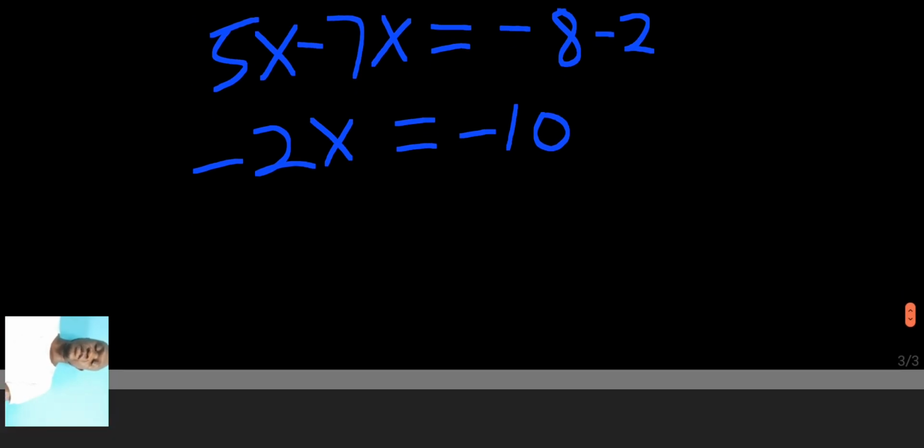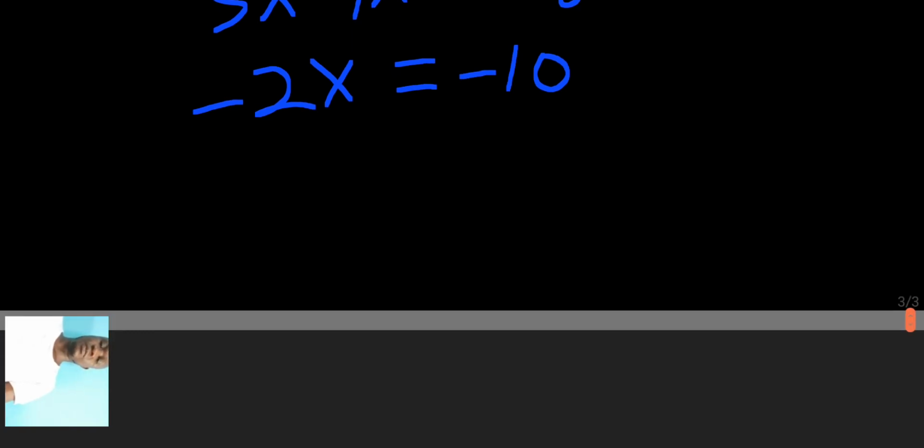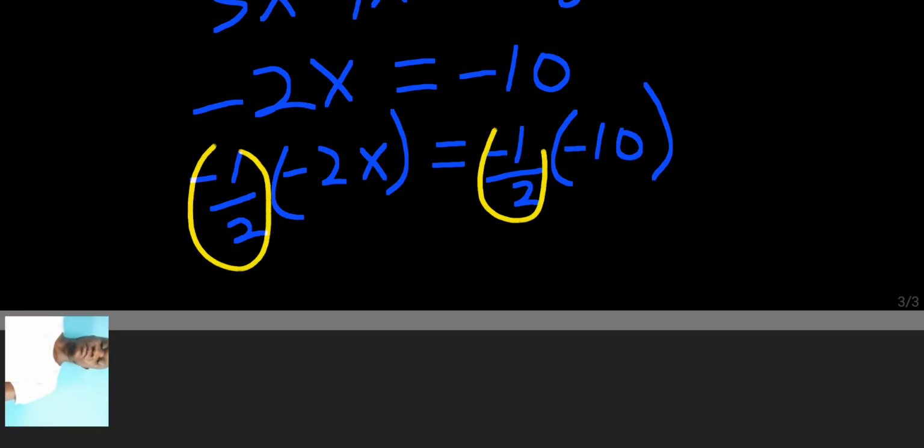To get the value of s, I have to multiply each side by the multiplicative inverse of negative 2. In doing so, I will have negative 1/2 times negative 2s equals negative 1/2 times negative 10, because the multiplicative inverse of negative 2 is negative 1/2.